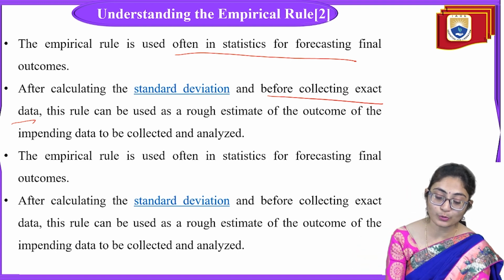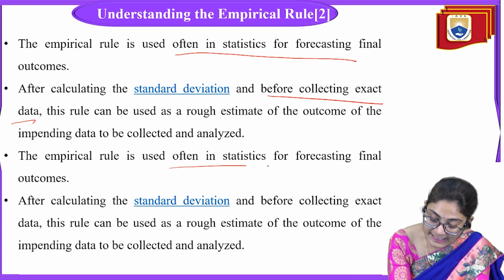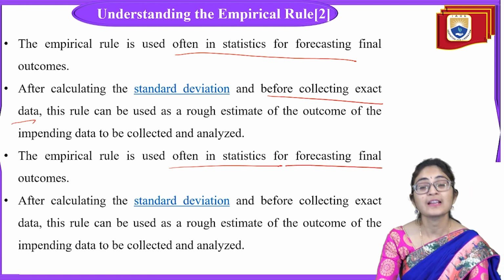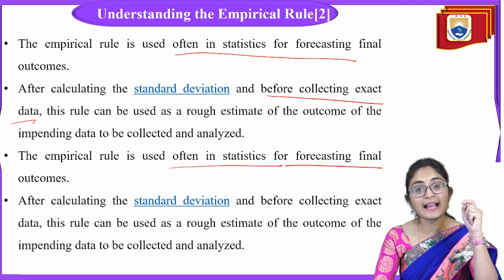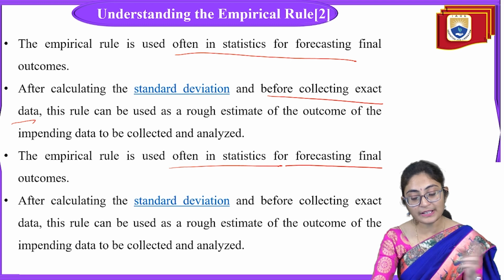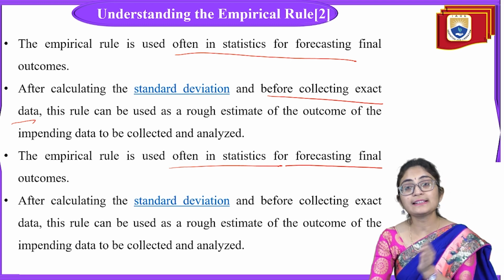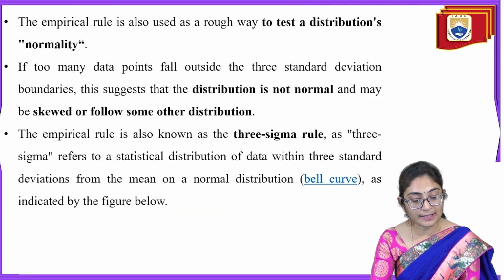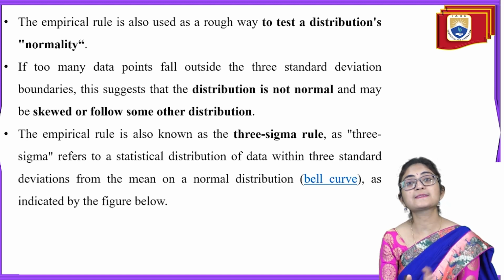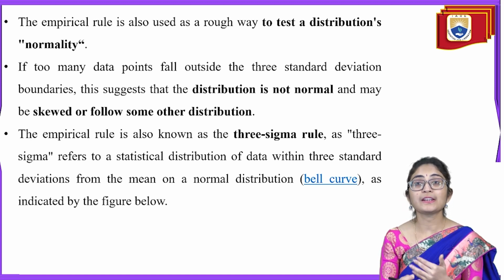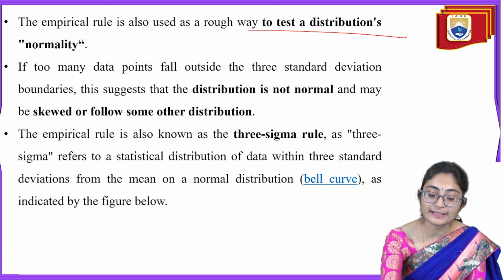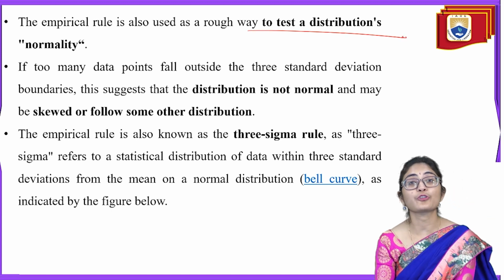These outcomes are very important for collecting and analyzing your data. The empirical rule is also used as a rough way of testing distributions for normality.